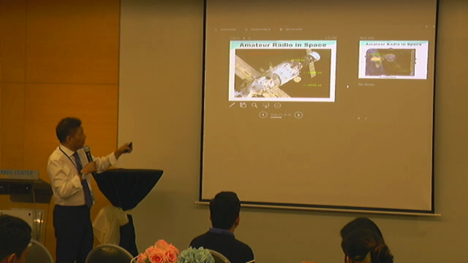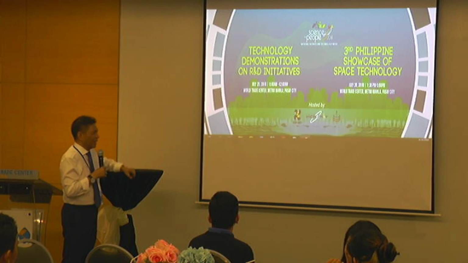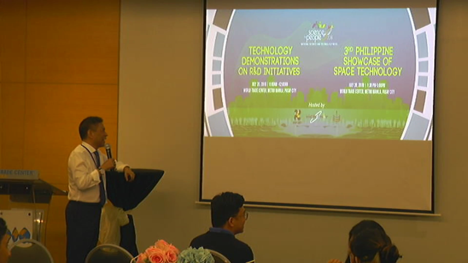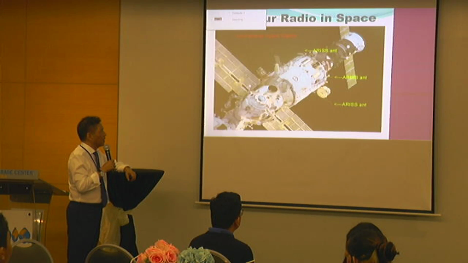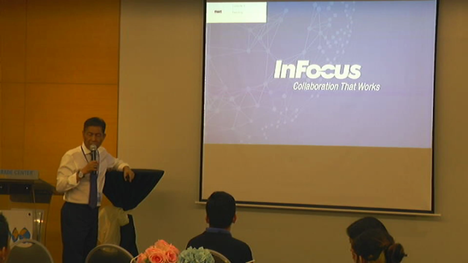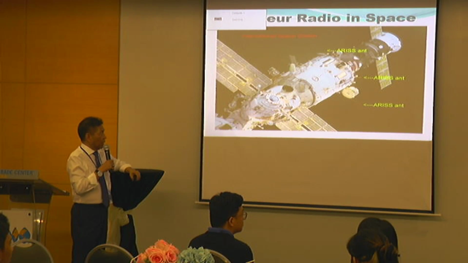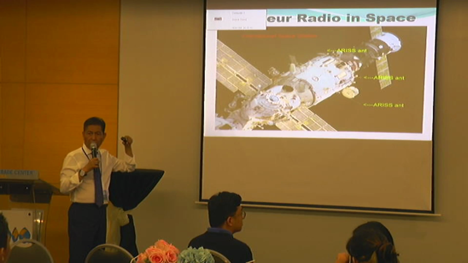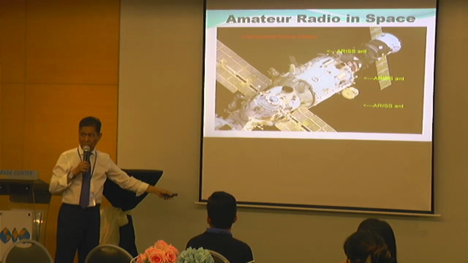Ang gusto ko kaya ko papakita yan is because there are several antennas in the International Space Station that are amateur radio related. Okay, there is one on the U.S. side of the ISS, and there's one on the Russian side of the ISS.